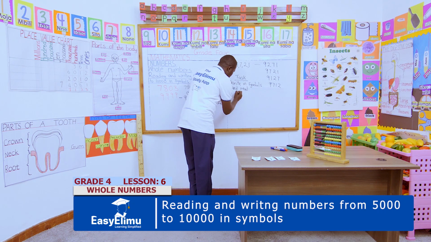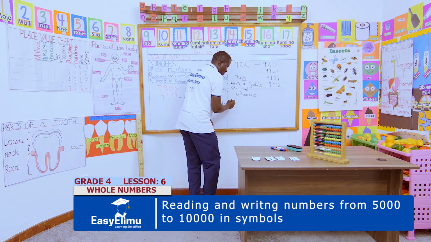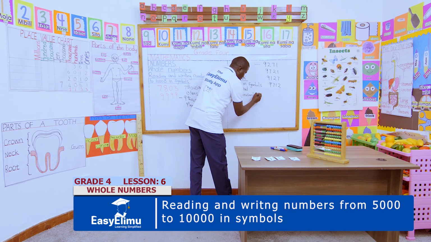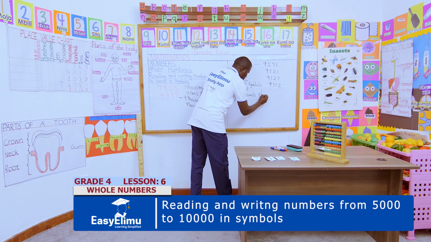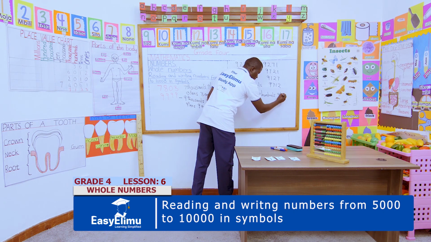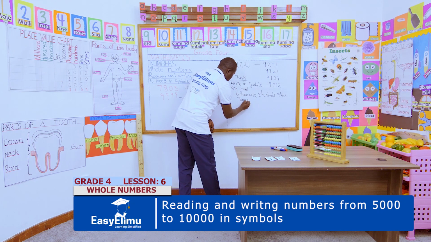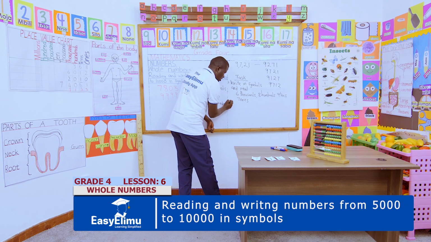You are writing 6,000, we have 800, we have 9 tens and 7 ones. That is number 1 that we are doing.